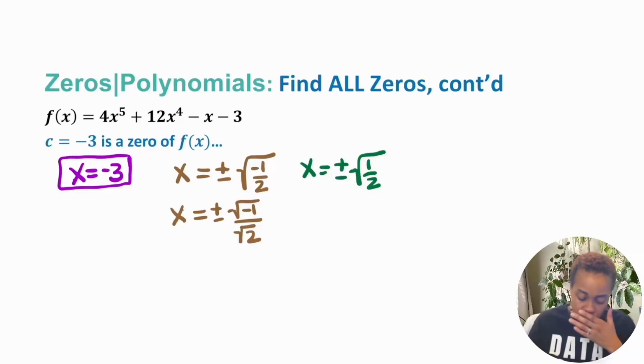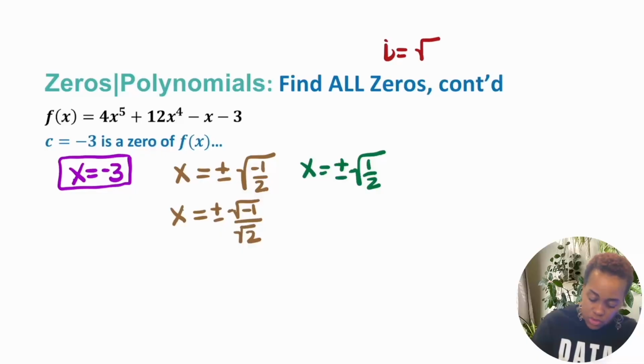And let me write this right here. i is equal to the square root of negative 1. So that's going to be imaginary, okay? So this is equal to x equals plus or minus i over the square root of 2.